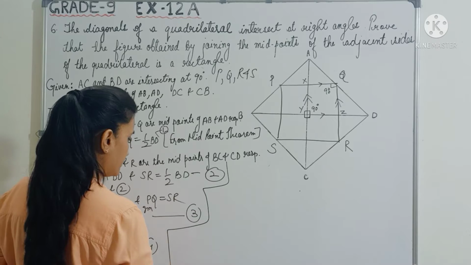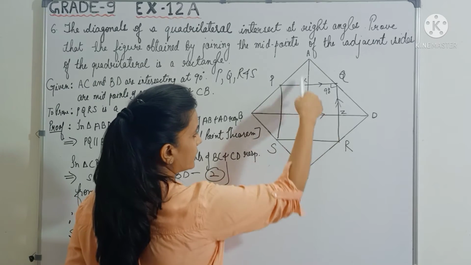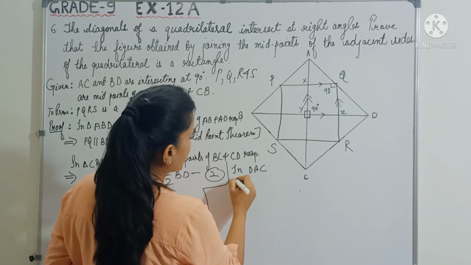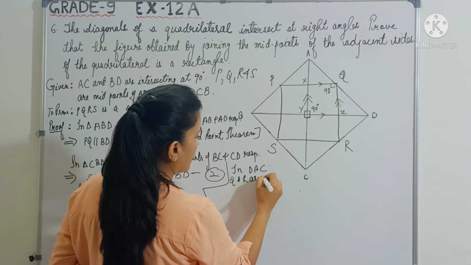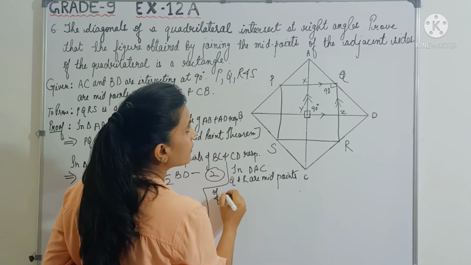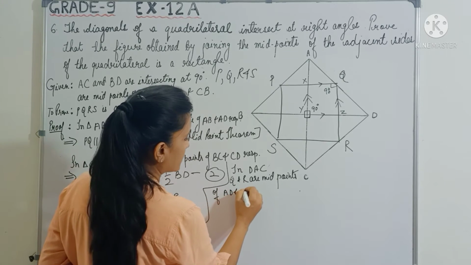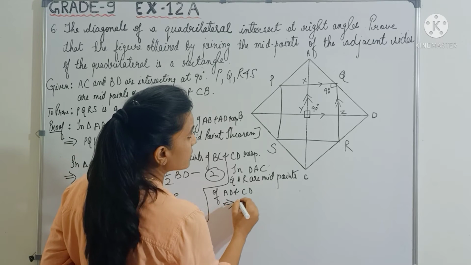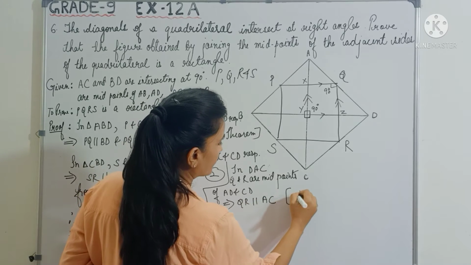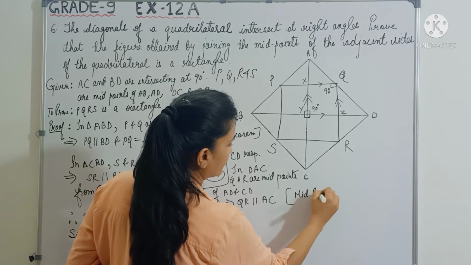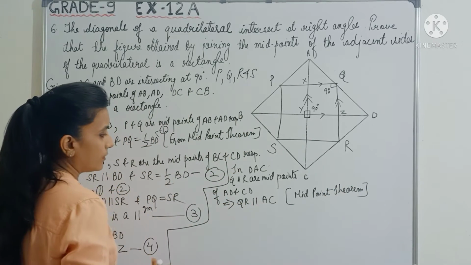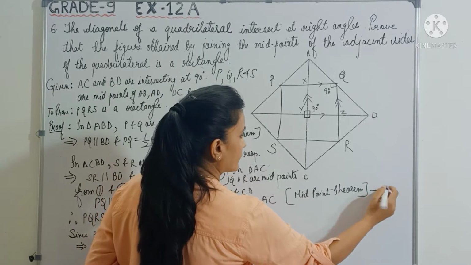Now in triangle DAC, in this triangle, Q and R are midpoints of AD and CD, right? This implies that QR will be parallel to AC from midpoint theorem, right?